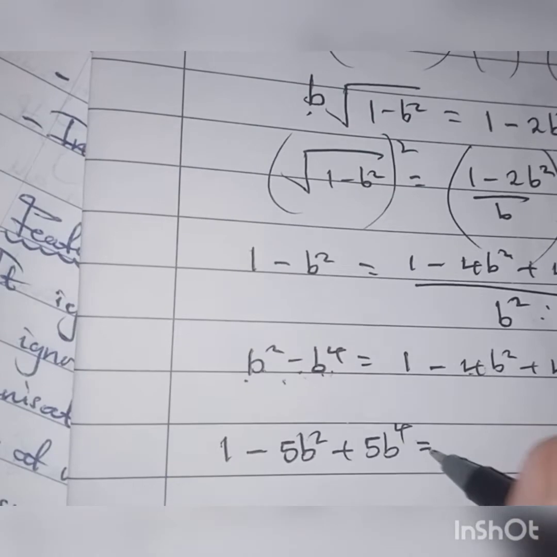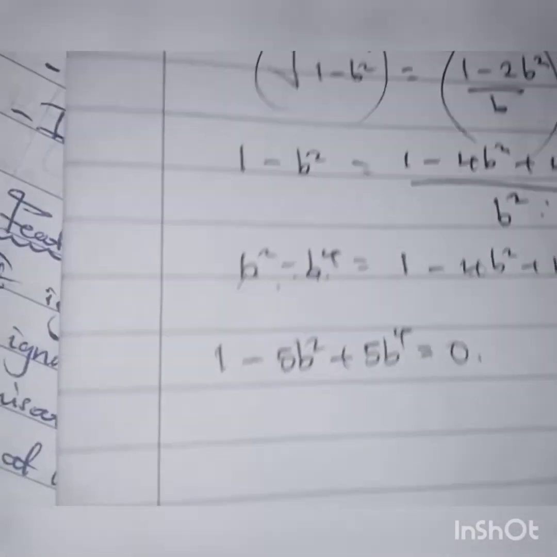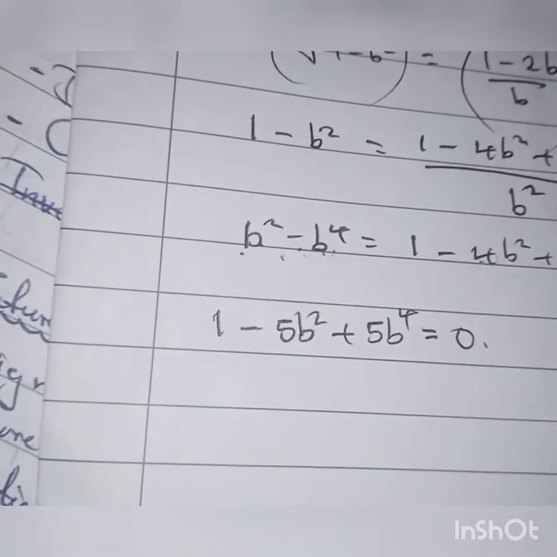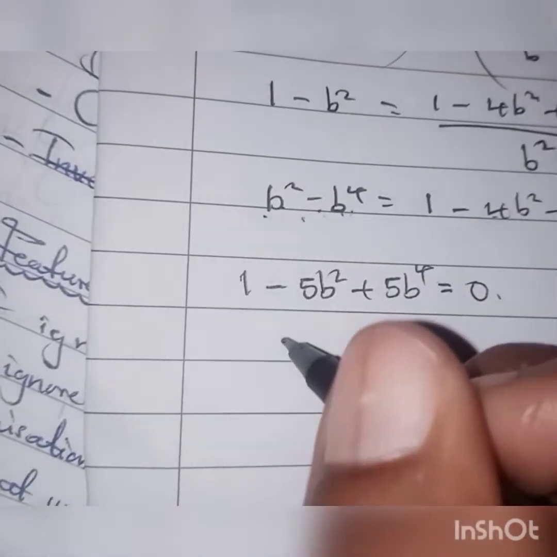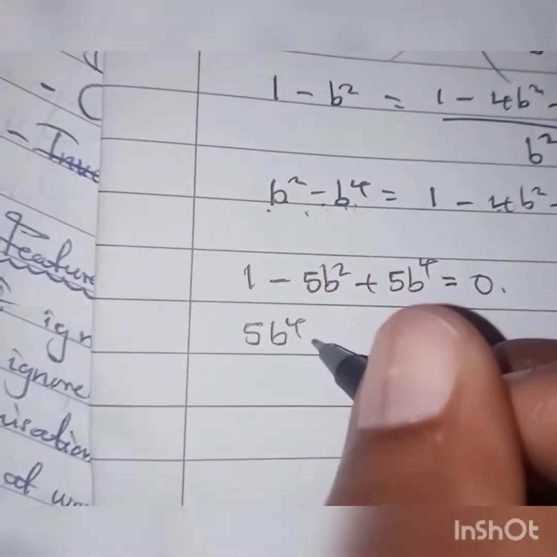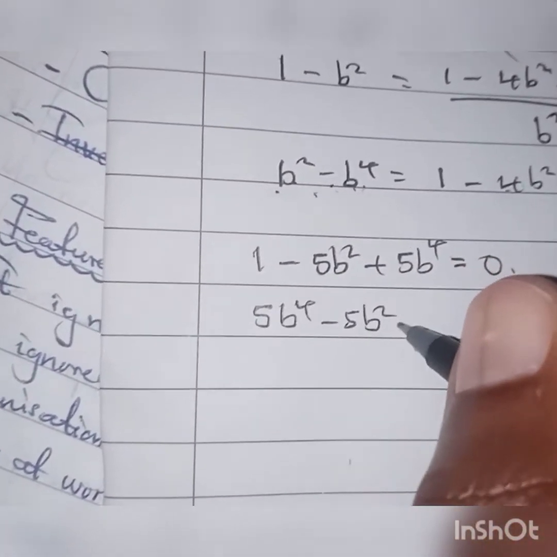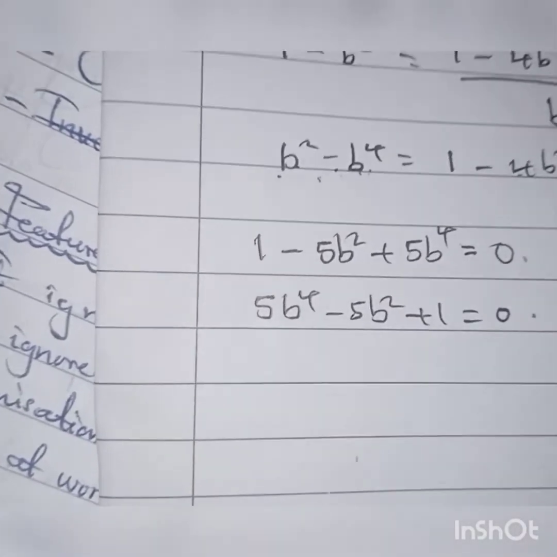So this should give us 0. We can write this in quadratic form: 5b raised to 4 minus 5b squared plus 1 equals 0.